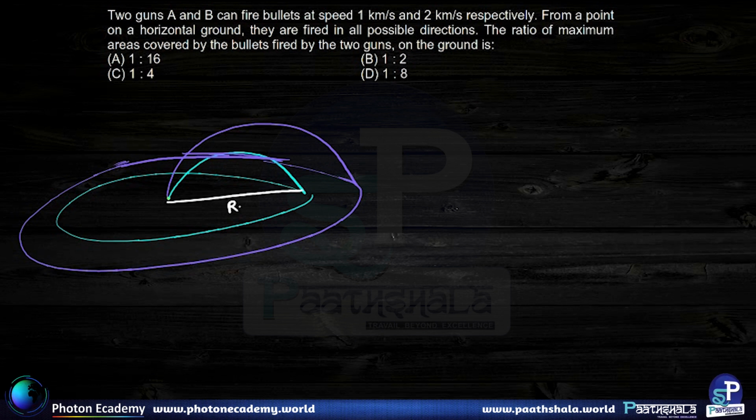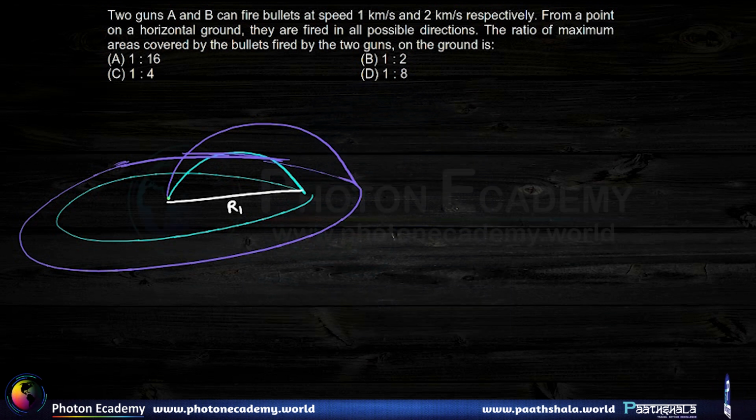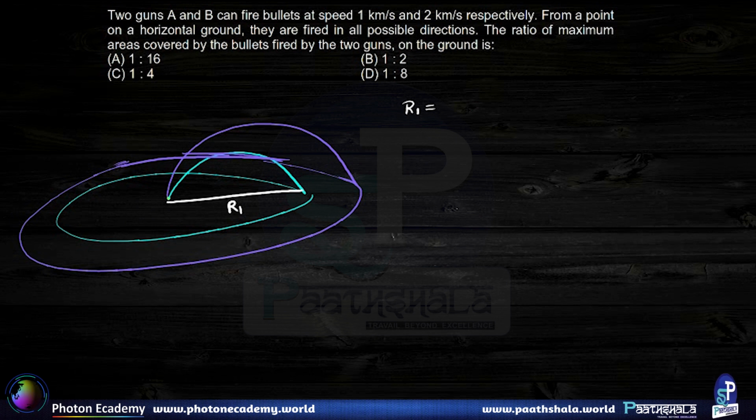This R1 is going to be the maximum range, and maximum range we know happens when the angle of projection is 45 degrees. So for maximum range, R1 is equal to u square sine 2 theta by g. Sine 2 theta is equal to 1 when theta is equal to 45 degrees.